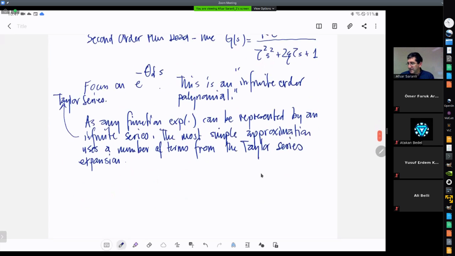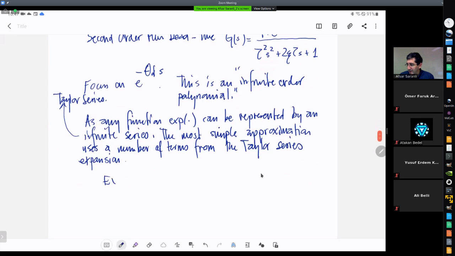Okay, example, well, you can simply say that let e to the minus theta d s be represented by the first linear term of the Taylor series. So that's going to give us simply 1 minus theta d times s.